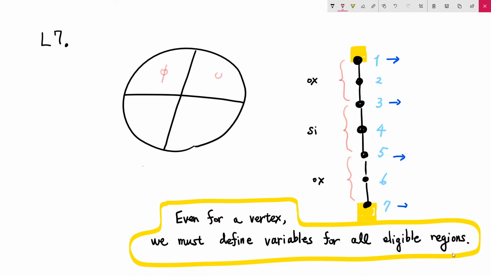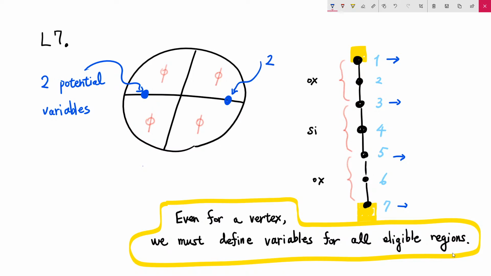It means that according to my suggestion here in the lower part, if we have, for example, a vertex here, then we have to introduce two potential variables.